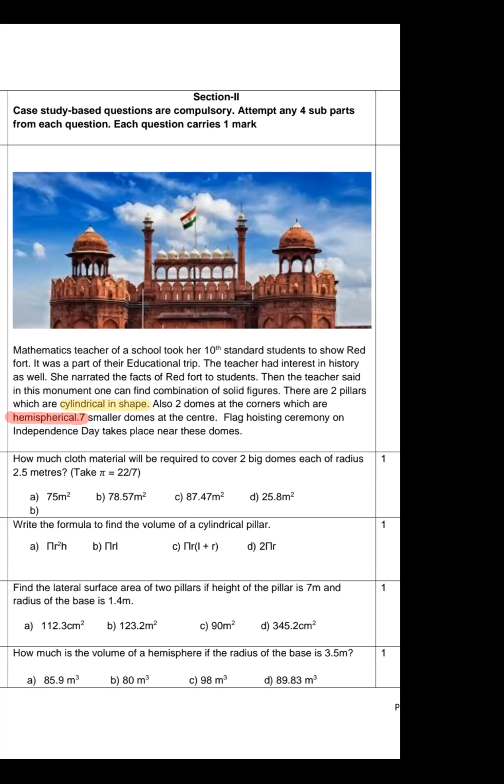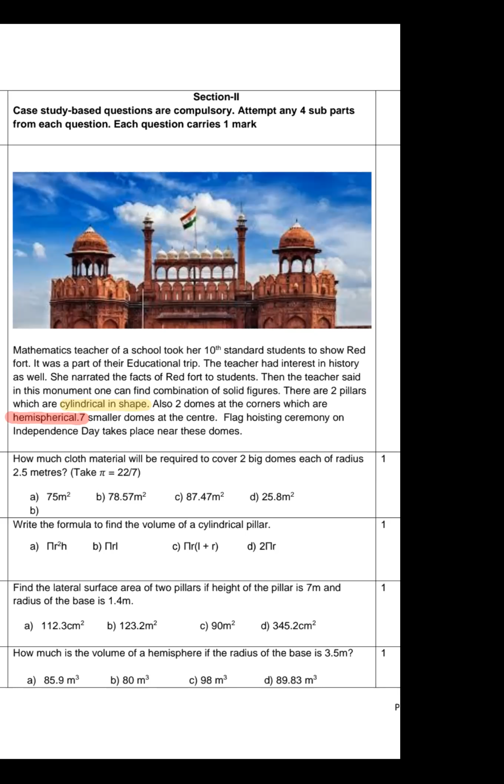Flag hoisting ceremony on Independence Day takes place near these domes, as you can see in the picture. How much cloth will be required to cover two big domes, each of radius 2.5 meter? That means what do you need to find here?